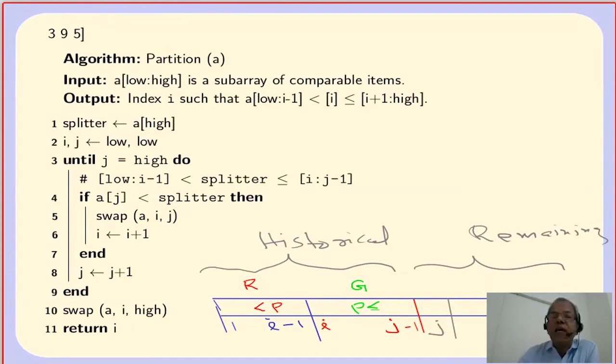If this is red or this is green. All I have to do is this: i to j minus 1 should be expanded to i to j, because i to j minus 1 is already green, j is also green, therefore I can let the i to j minus 1 subarray grow to the i to j subarray, which is still green.